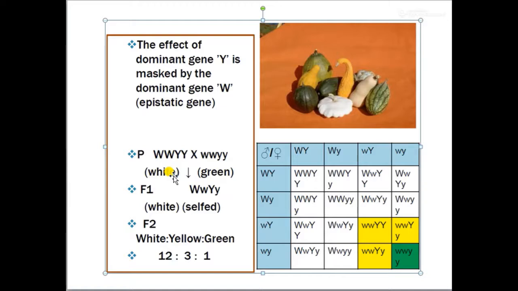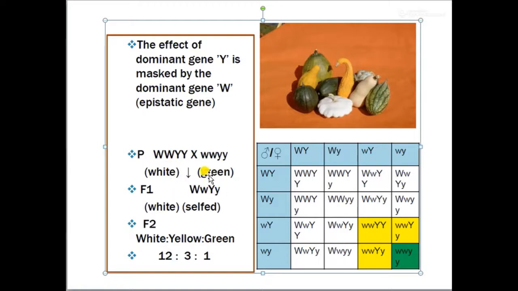Always non-allelic interactions are happening in epistasis. And in this example, we have a purebred white fruit with a purebred green fruit, and the green fruit is found to be recessive in nature.